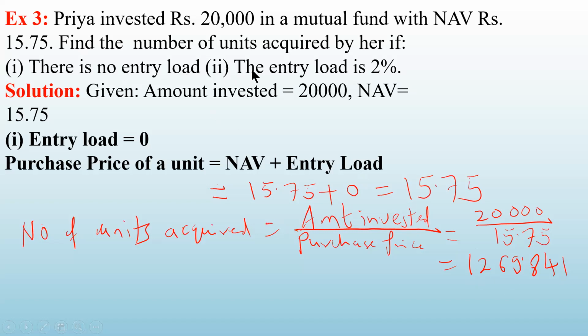Let us solve the second one when the entry load is 2%. Second one, entry load is 2%. If the entry load is 2%, what will be the purchase price? Find out the purchase price.